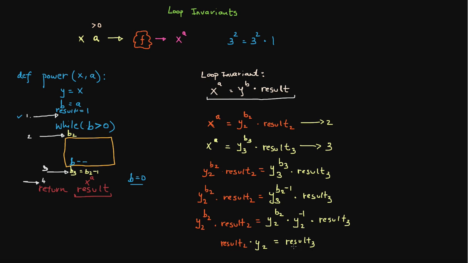Result 3, meaning whatever result is at point 3, is equal to result 2 times y2. Result 2 is something valid in this region over here, and y2 is also valid in that region.